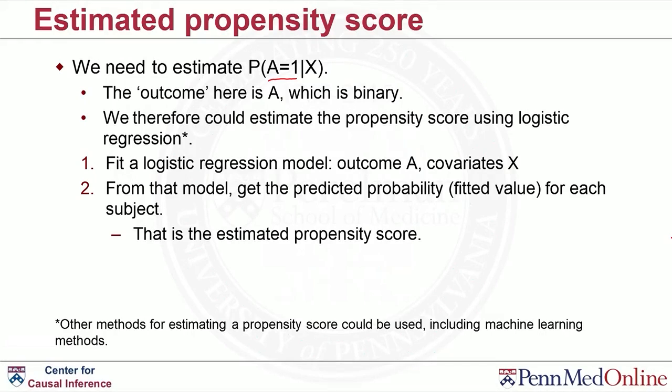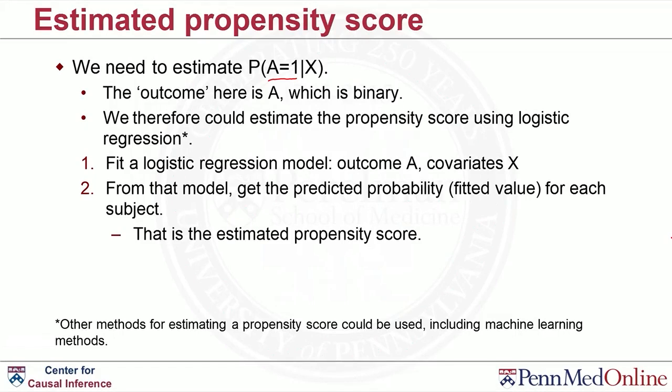The most popular approach for doing that is probably logistic regression. But I do note that you could use whatever you wanted. This is really a classic machine learning problem as well, so you could use any sort of machine learning method. The importance isn't how you go about it at this point. It's just that we need to estimate a probability of treatment given X's for every subject.